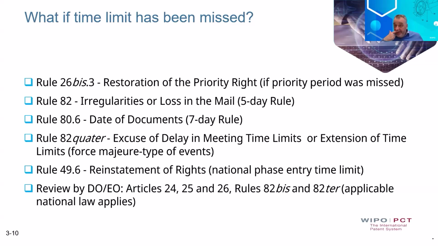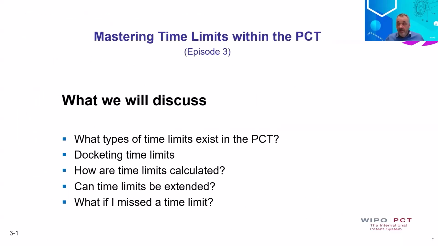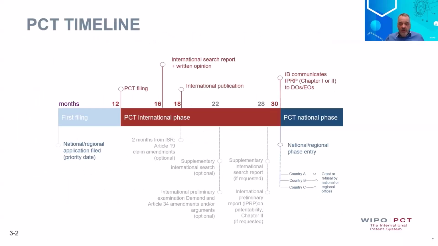Okay, there's another question. Please, can you let me know what is the deadline for receiving an international preliminary report on patentability? Okay, I can go back to that. Let me just go back to my slide here on the timeline. So if you look at that, you basically see here a time limit of 28 months.